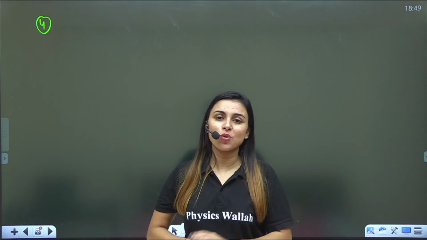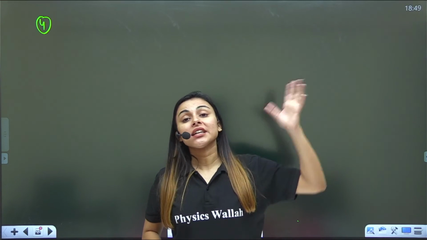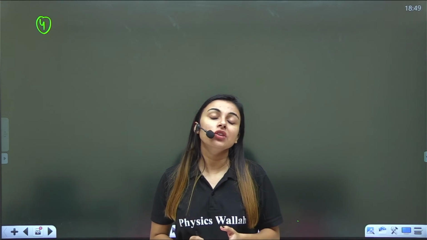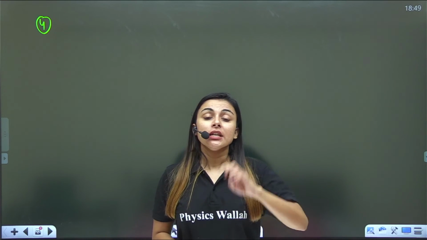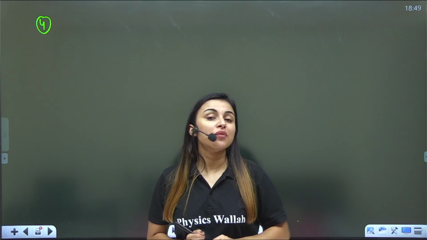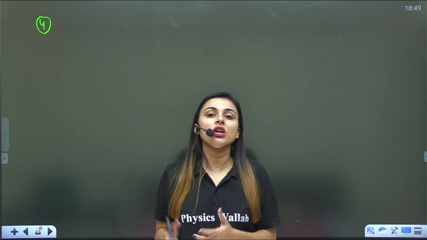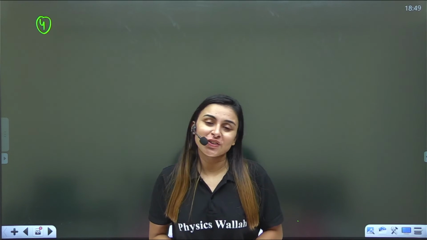What is the most important application? In the starting of the chapter, we saw that we were unable to calculate the limiting molar conductivities for weak electrolytes. But using the Kohlrausch law, we can calculate the limiting molar conductivities of weak electrolytes as well.